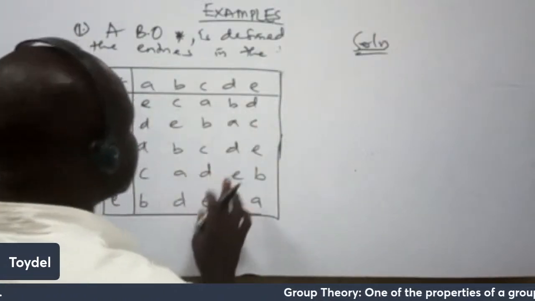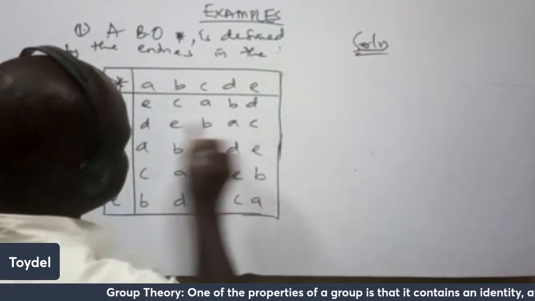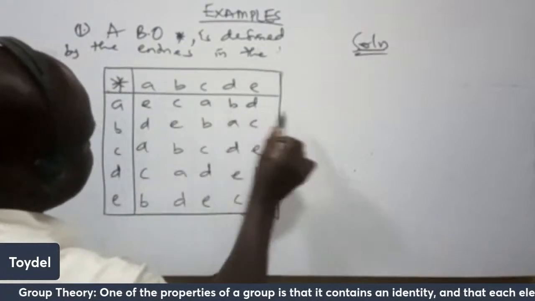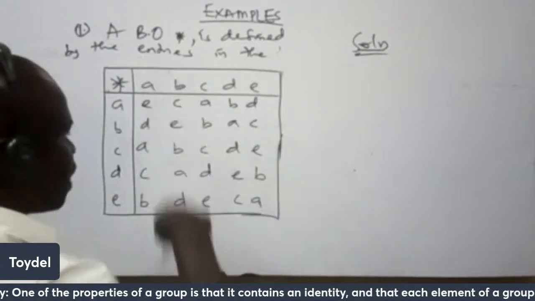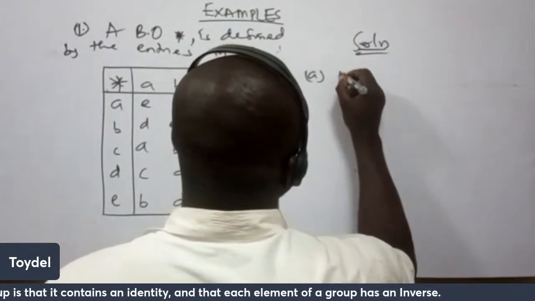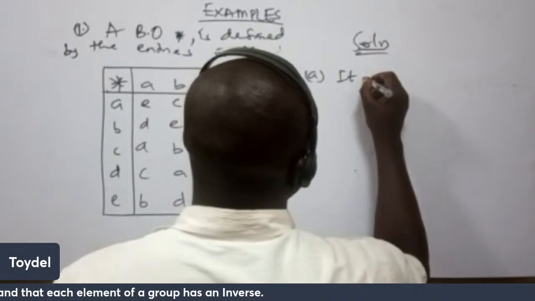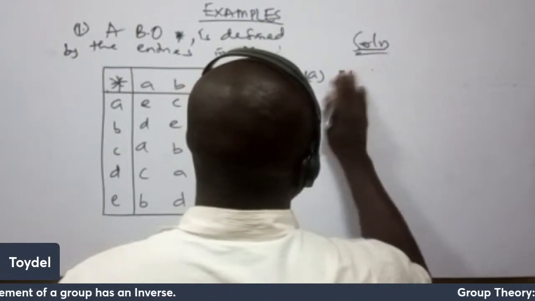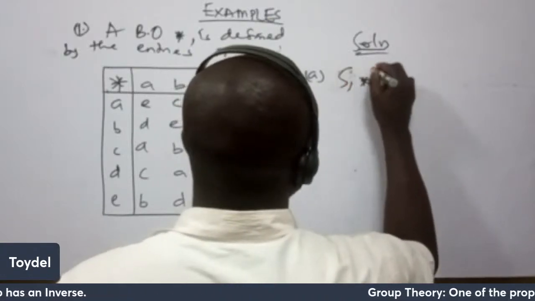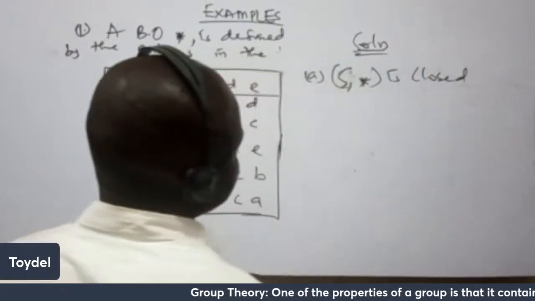It is closed because there are 5 elements in that set: A, B, C, D, E, and each row and column consists of the 5 elements. So the first thing is that it is closed. That is, we say S asterisk is closed.